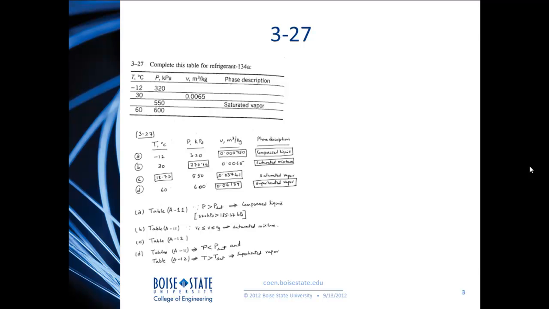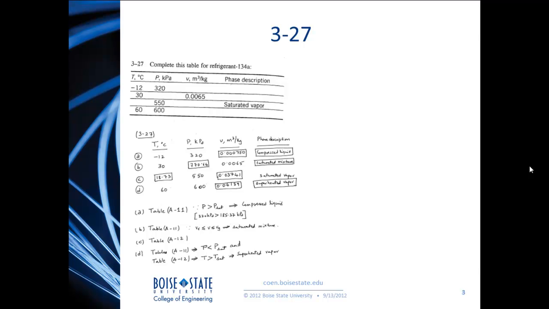So the way we do that is, one way is you go to table A-11, which is the temperature table for refrigerant 134a, and you find that for minus 12 degrees C, the pressure given, which is 320 kilopascals, is greater than the saturation pressure at the same temperature, which would mean that the phase is a compressed liquid.